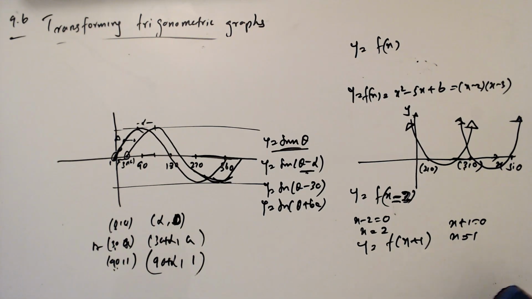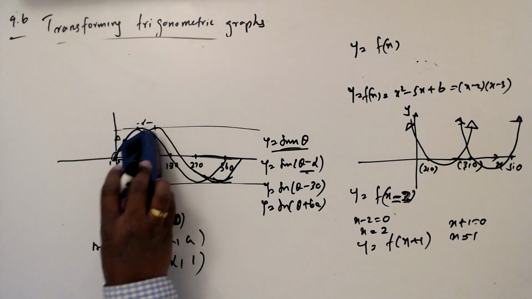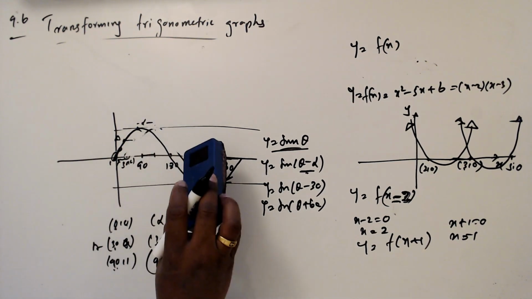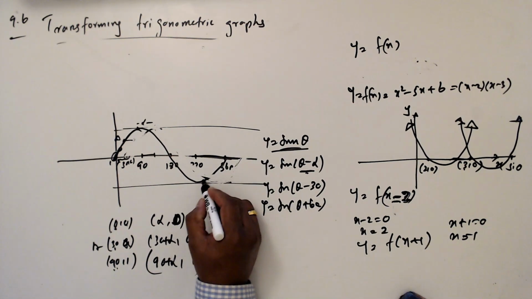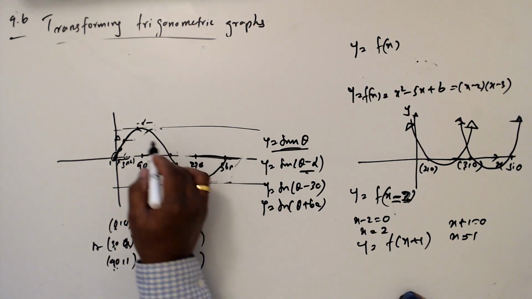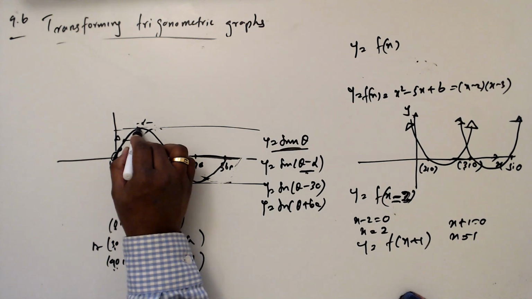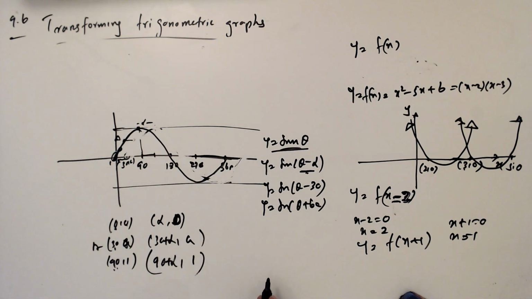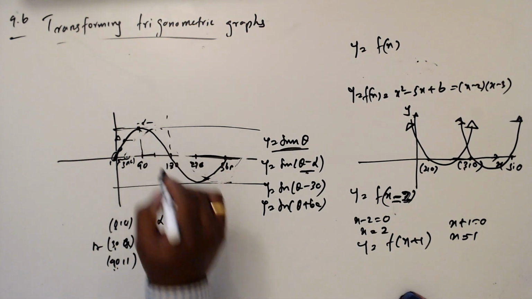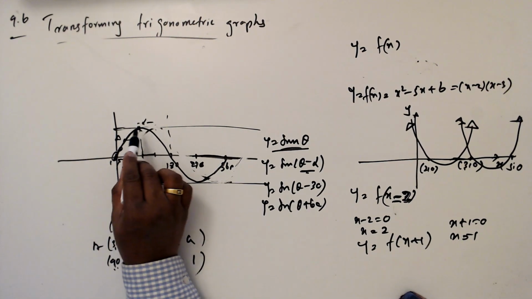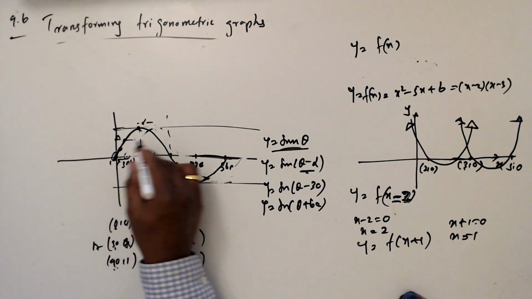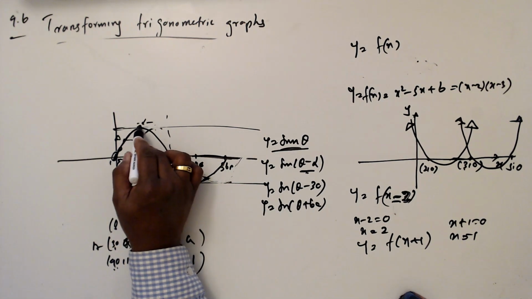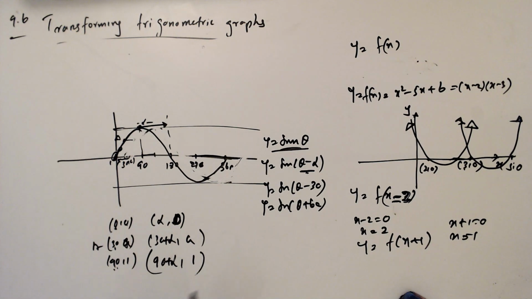Now, my question is, this is the sine graph, so this is 90. If this is sine 30, I want to shift this point to here. Then what should the graph be?